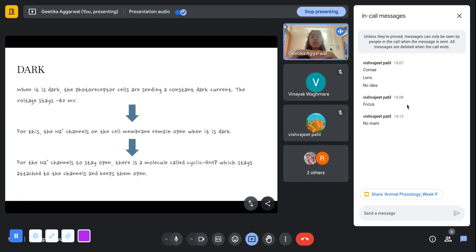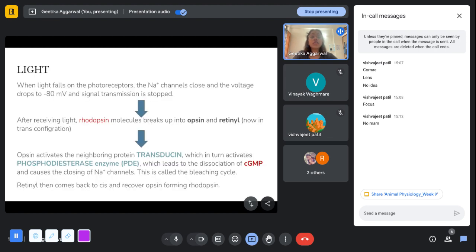So all of the bulbs are switched on when it is dark. But when it is light, some bulbs switch off, and that is how you see the image. So when the light falls on the receptors, some of the sodium channels start closing up, and the voltage drops to minus 80 millivolts, and the signal transmission from these particular rod cells is stopped.